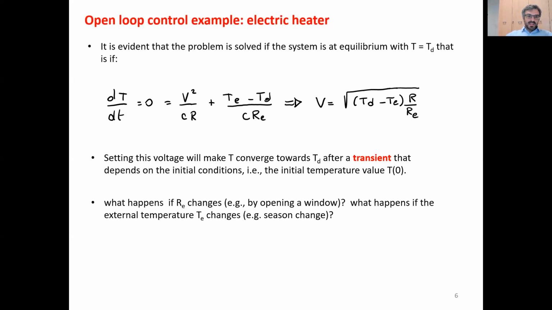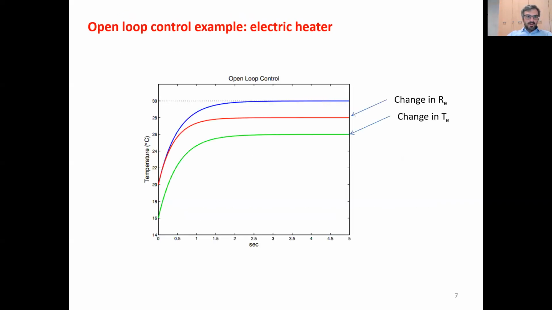Also the external temperature can change because of slow variation. Think about winter or summer, they have different external average temperatures. We see that a change in the thermal conductivity will create a steady state error, and a change in external temperature will also change the response completely, or even a different starting point will make it different.